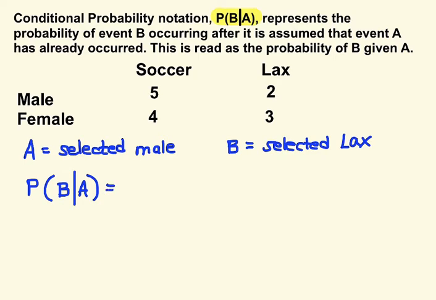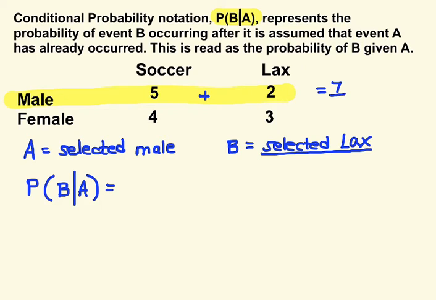Well, if we've already selected a male, we've now reduced our sample size to include only males. And if you add the number of soccer males to the number of lacrosse males, we have 5 plus 2 is 7. So here we want the probability that we would select a lacrosse player from our 7 males.